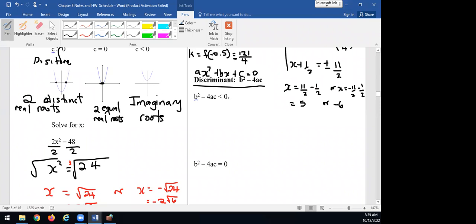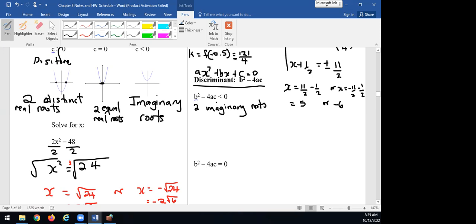If your discriminant is negative, you're going to have what we call two imaginary roots. So roots are going to be imaginary or complex. And this would be the situation that we described earlier. It's not going to cut the x-axis because there are no real solutions. We can't take the square root of a negative.